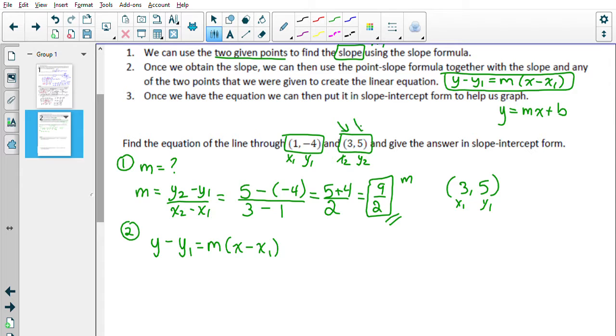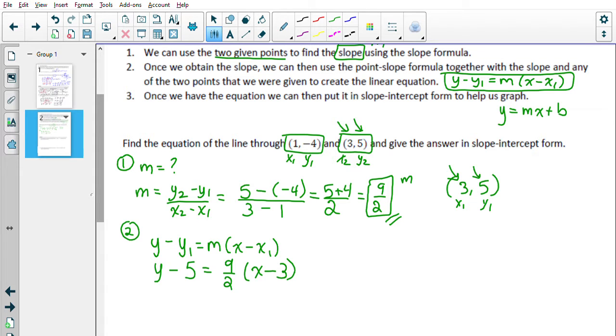And you get the same equation if you chose the other point, which is really kind of cool. So let's plug it in. Here you would have y subtract y1, which is 5, equals m, which is 9 over 2, times x subtract 3.